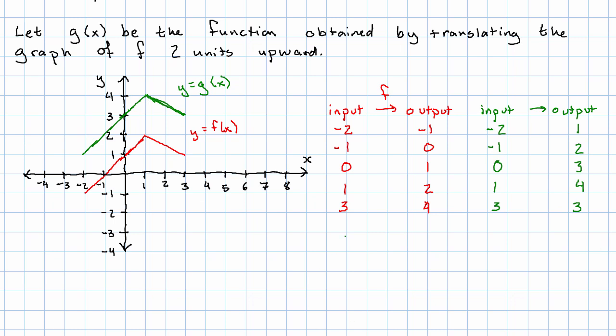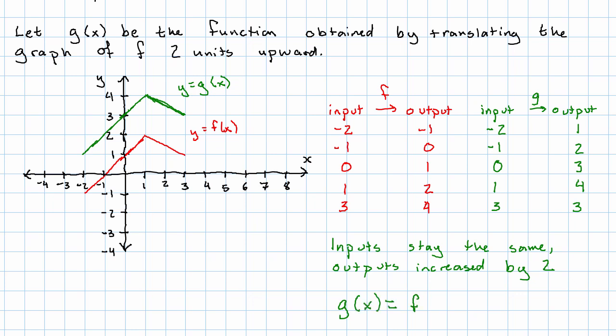What do we see here? Well, each of the output values is 2 more for g than it was for f, while the inputs stay the same. So that means, in order to do g to a number, we do f to that number, and then increase the value by 2.